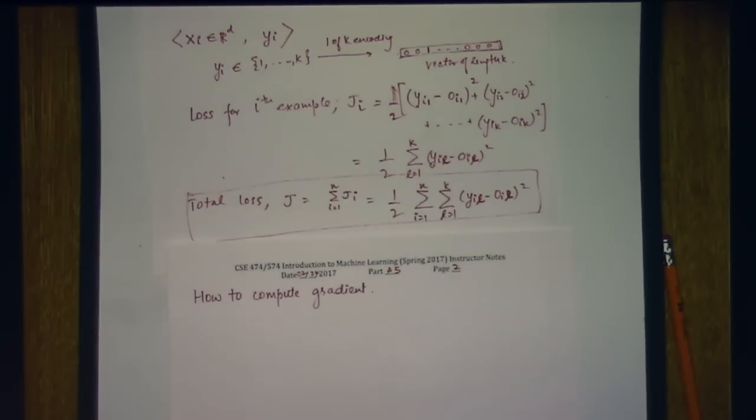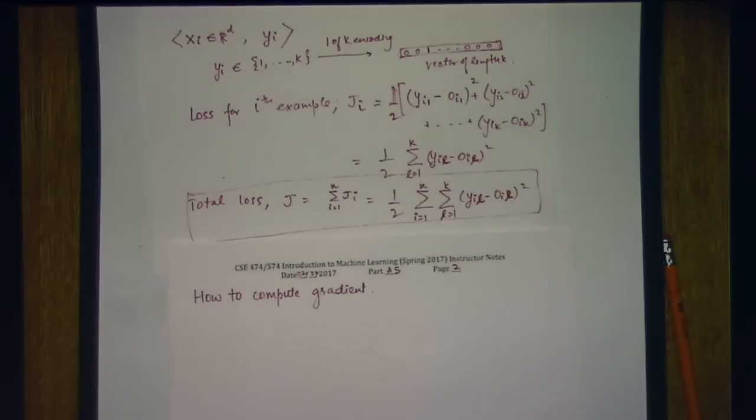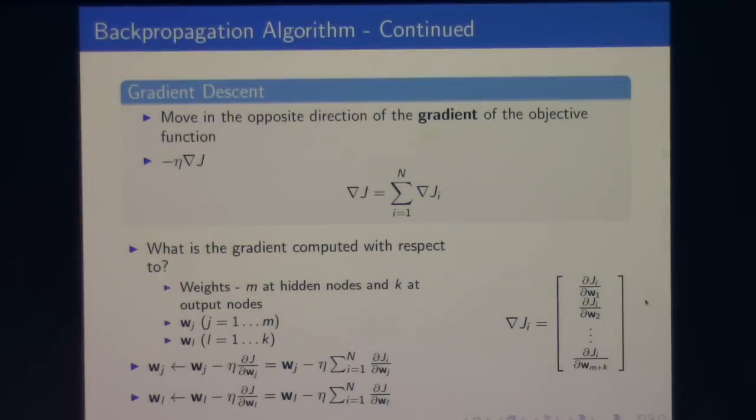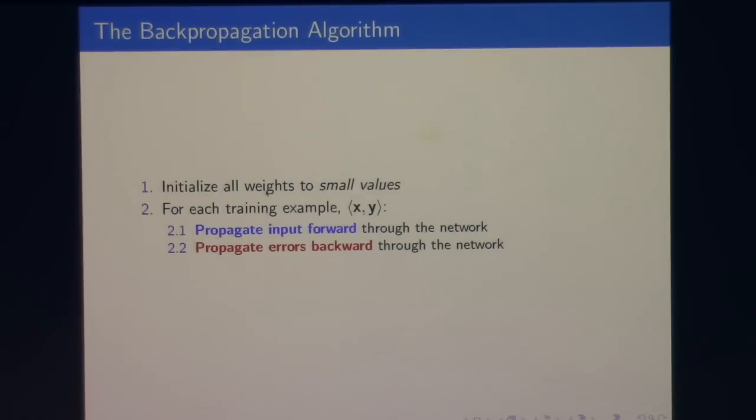So the idea is that once you compute the gradient, then you can feed it into the gradient descent algorithm. So, for the sake of completion, this is our loss function that we wrote, right? And then what we're going to do is learn these weights by doing gradient descent. That gradient descent algorithm is actually called backpropagation in this context, because it's not a straightforward gradient descent.